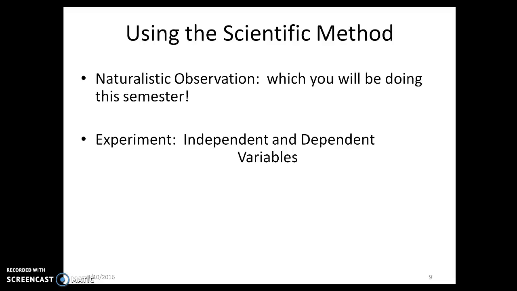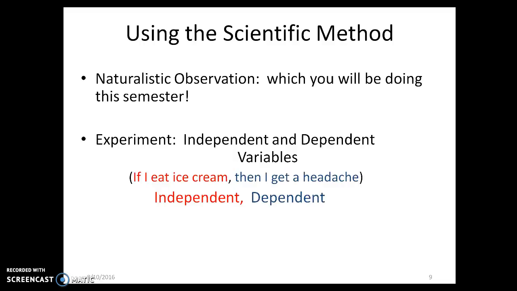Other times, researchers might set up an experiment, and in an experiment, you have an independent and a dependent variable. And I used to get these confused all the time when I was in school. So a teacher taught me a good way to tell them apart is to set it up as an if-then statement. So if I eat ice cream, then I get a headache.